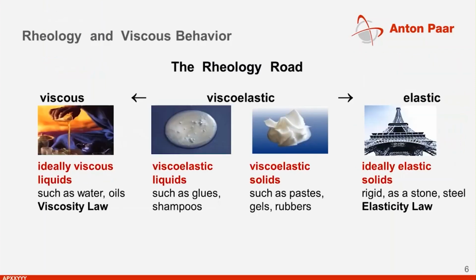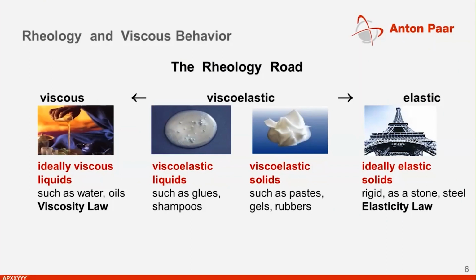So at Anton Paar, we are using the so-called road of rheology to describe the behavior of different materials. On the left side of our road, we can find ideal viscous materials, like I already mentioned. These are oil or water, for example. These materials are showing most likely ideal Newtonian or ideal viscous behavior.